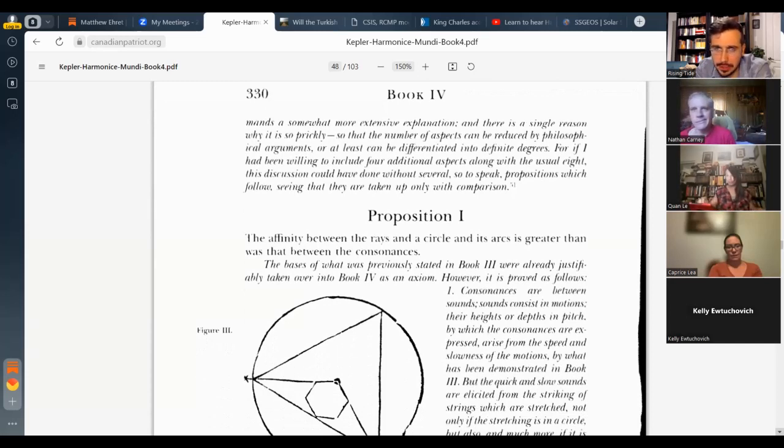So he's going to now go into concrete examples of certain relationships and ratios that are more or less either congruent or, more importantly, knowable. As I mentioned earlier, the knowability function, that a triangle is more knowable than a pentagon, is Kepler's insight into the degrees of the mind.